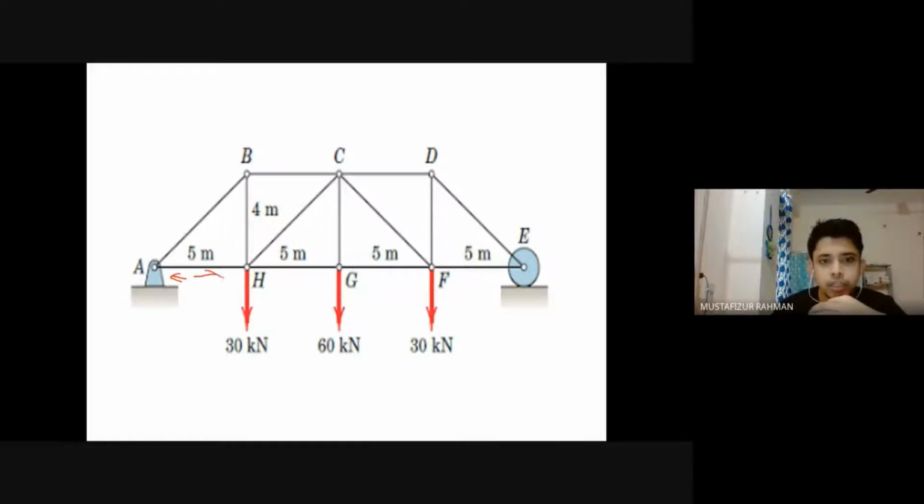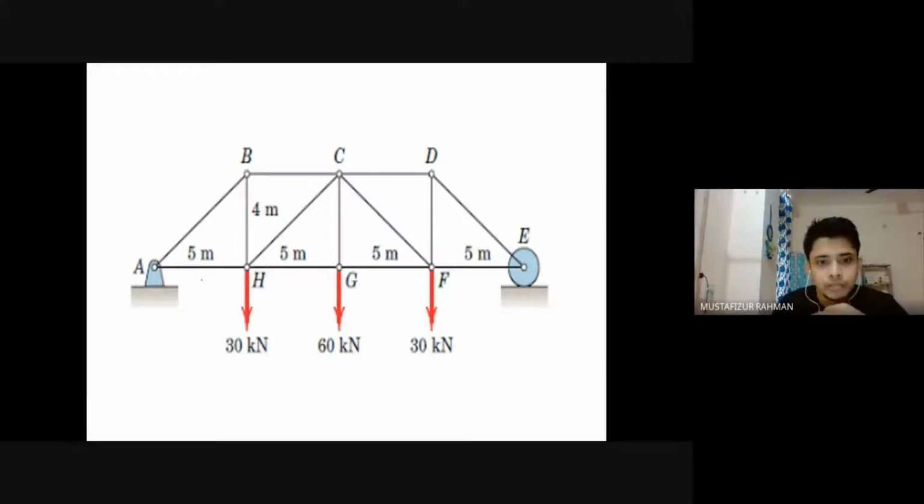The bottom members are trying to expand, and the members are giving some reactions to the joints, and the joints will have to maintain the equilibrium and the stability. Therefore the joint will give back a reaction to the member.